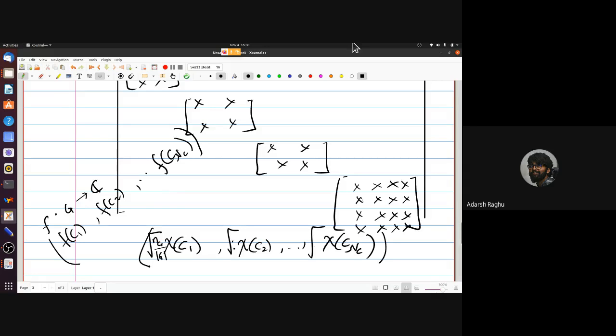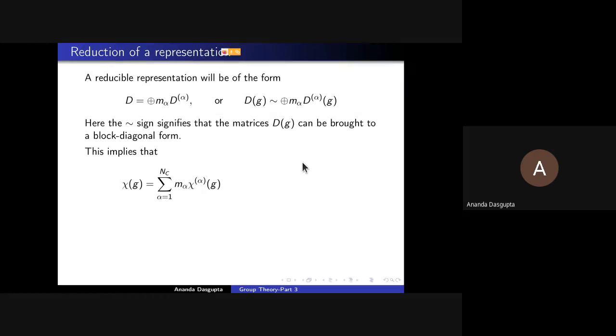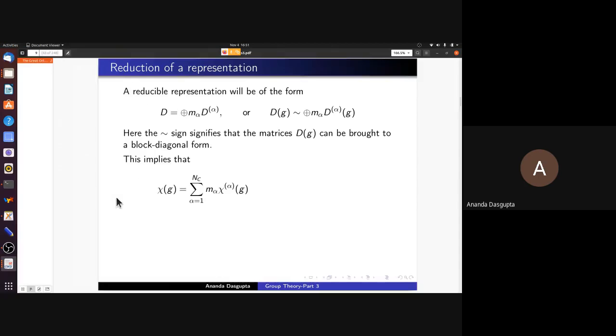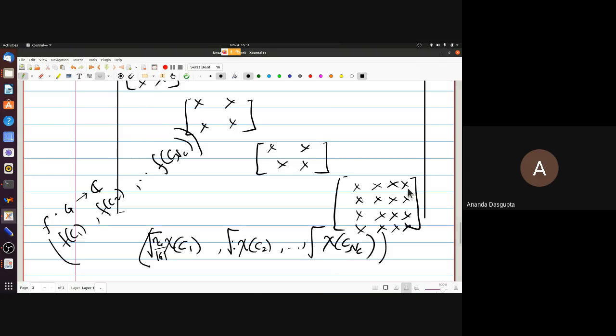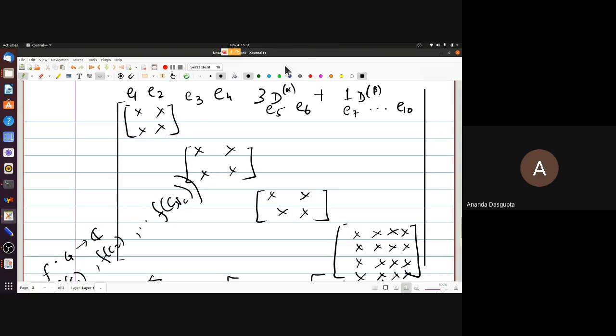Okay, so let's move on quickly to the useful results, which is this: chi_g is the sum of m_alpha chi_alpha(g). Of course, this will be obvious if you look at what I wrote down here. To get the character for the entire matrix, what you will do is add up the diagonal elements. But what are the diagonal elements for this block diagonal version?